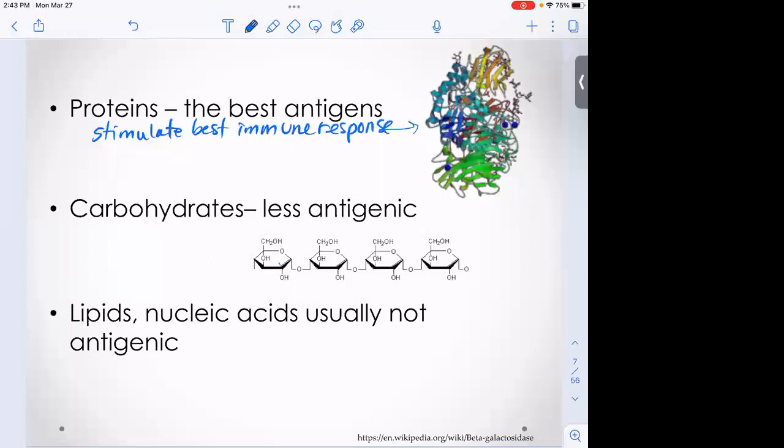Okay, carbohydrates can be antigenic, but it's a little bit less common. And then lipids or nucleic acids usually are not antigenic unless they are combined with some other molecule. So like a lipid combined with a protein, a lipoprotein, that can be antigenic, or a lipid combined with a carbohydrate, a glycolipid, then that can be antigenic.